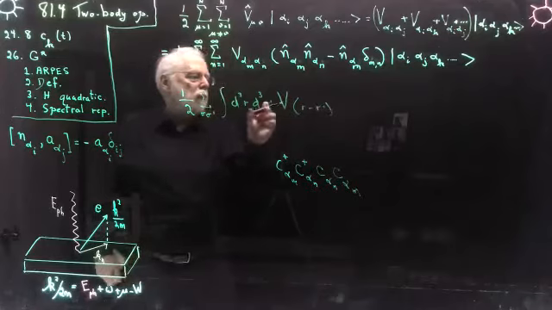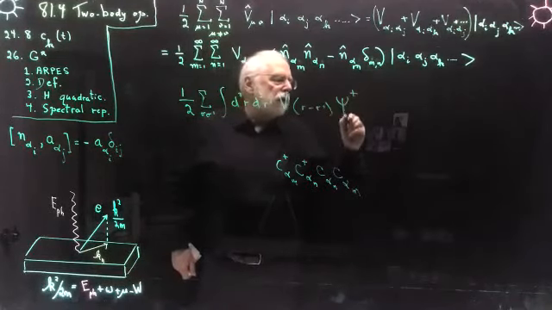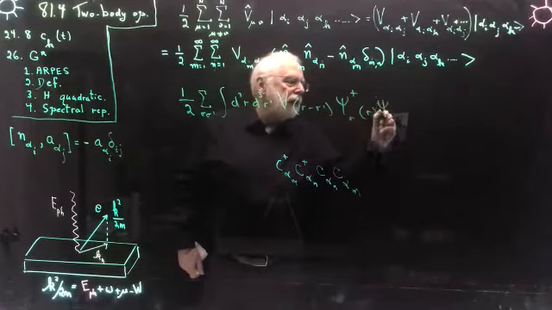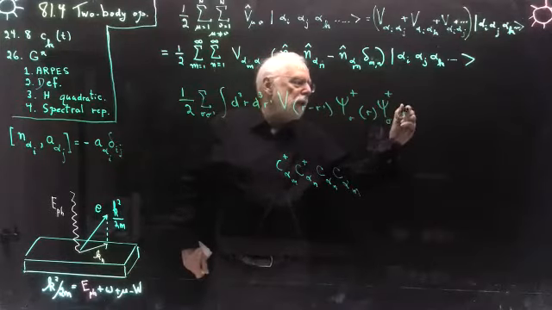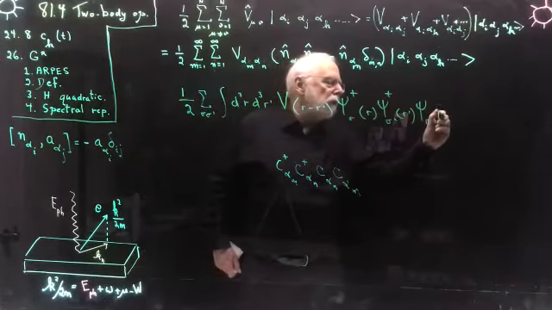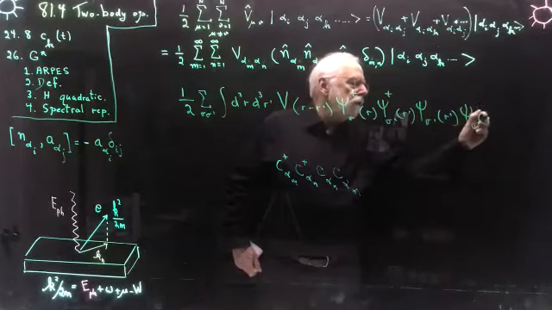These are labels, not operators. And now I have psi dagger sigma r, psi dagger sigma prime r prime, psi sigma prime of r prime, psi sigma of r.